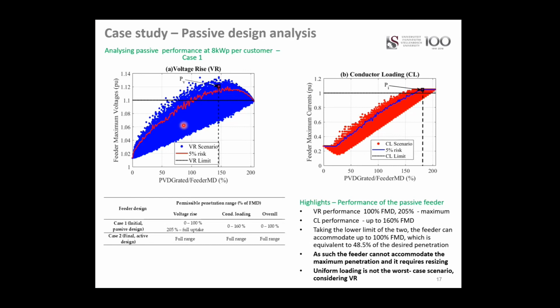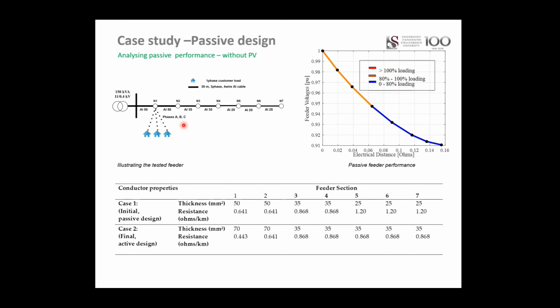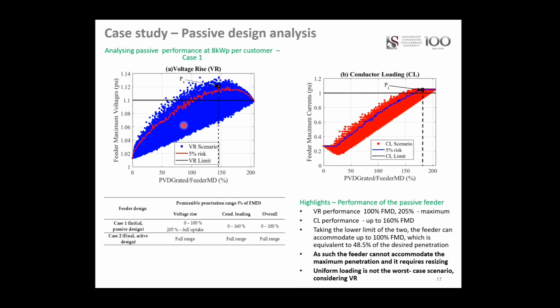That's the process we're giving you. But if you want to ensure that your system is just compliant, you are going to test your feeder response as opposed to resizing the system. For instance, what we have here is a passive feeder. If you continuously increase the PV penetration on that feeder, you get this response from this point to this point here. As your penetration increases, your voltage rise increases up to a certain point when you attain your maximum penetration.